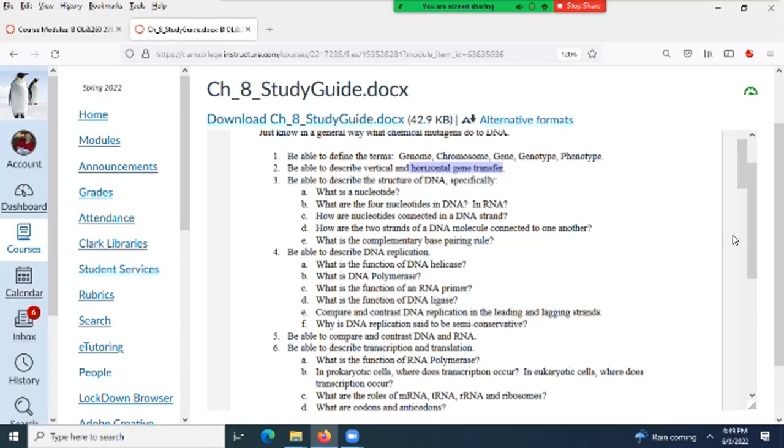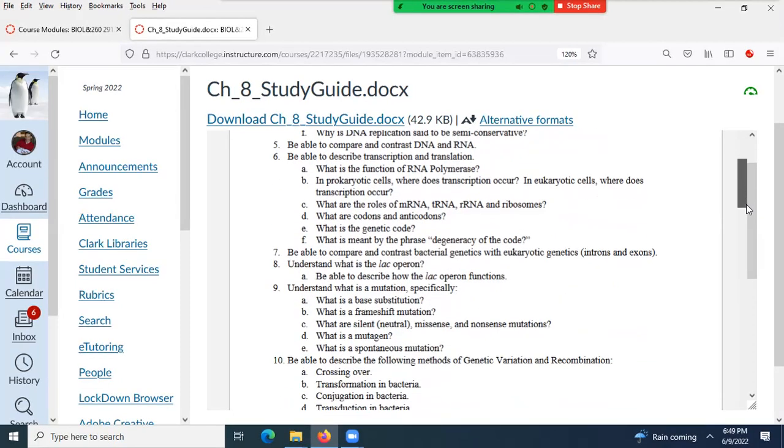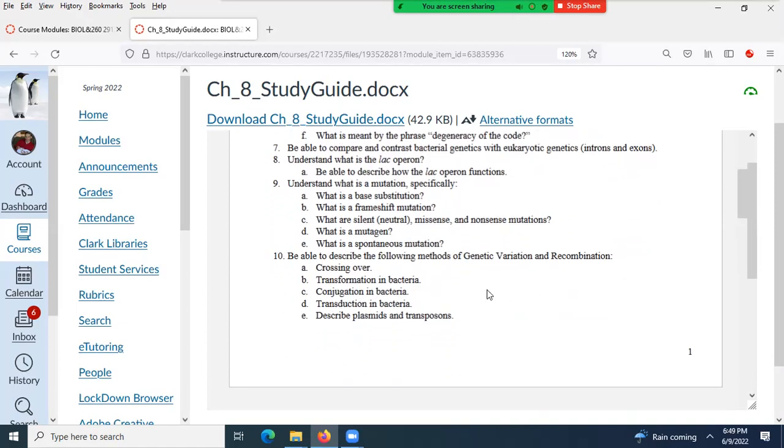Let's skip down to talking about that. Here it is. Horizontal gene transfer can happen by transformation, conjugation, and transduction. In humans, we don't really have conjugation. I mean, we have reproduction, but it's not conjugation. We do have transformation, although human cells do not readily take up DNA and then become transformed.